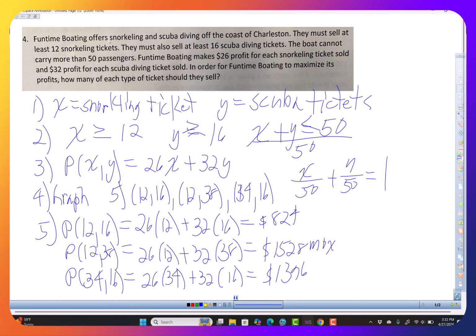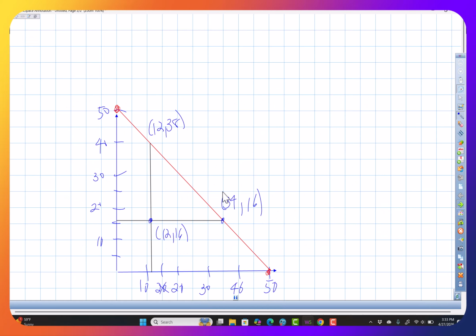So this was step 6 again, and then step 7 is how many of each type? So 12 snorkeling and 38 scuba.